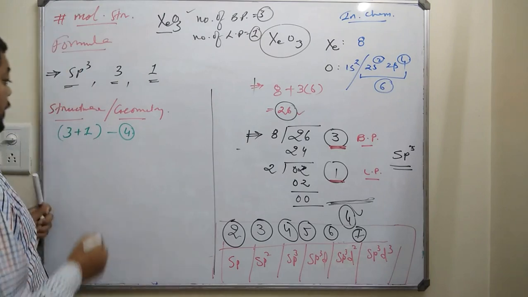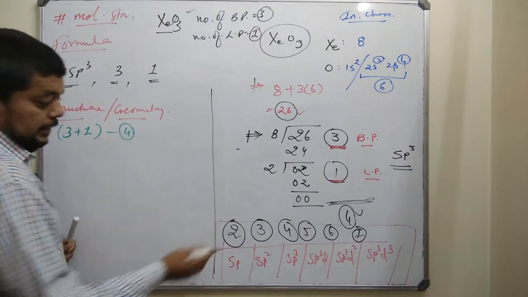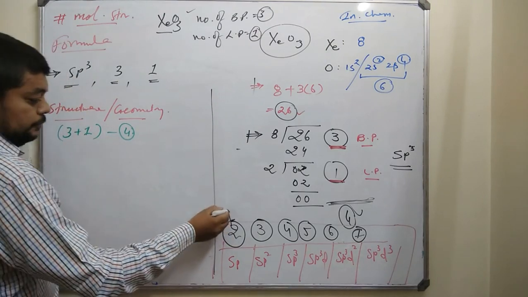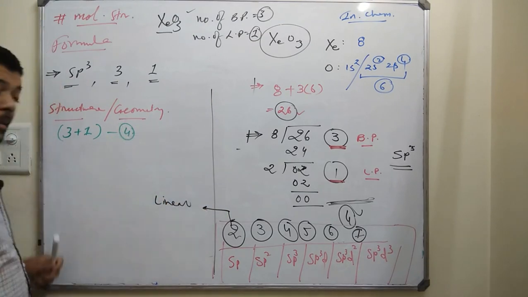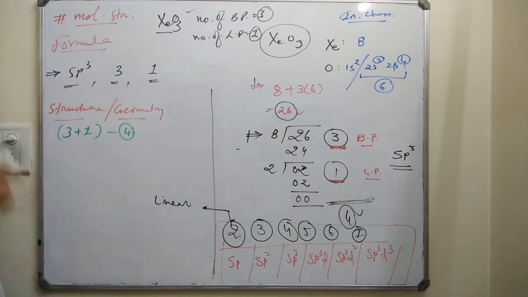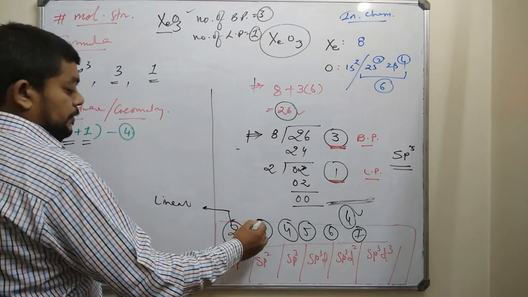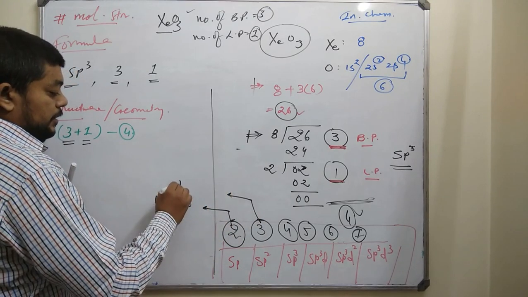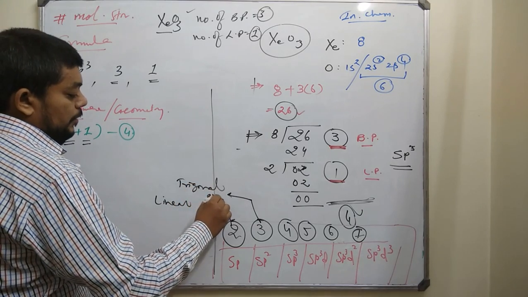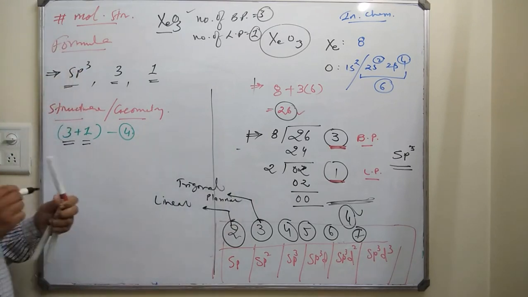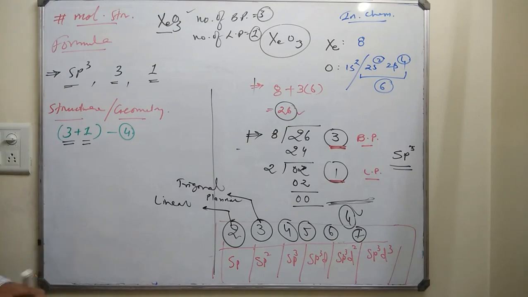Henceforth, if the total again is 2, the structure will be linear. I am talking about the structure and the geometry which involves both the bond pair and the lone pair. If the total number comes 3, the structure has to be trigonal planar. I am talking about geometry or structure.